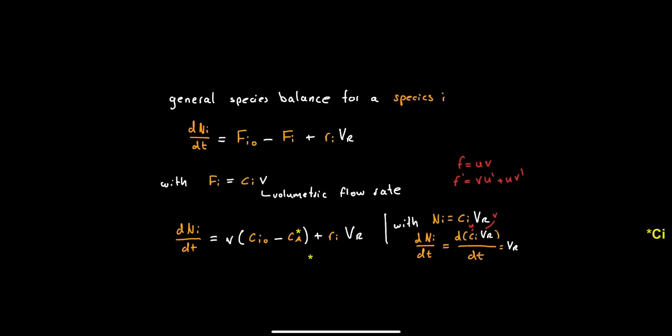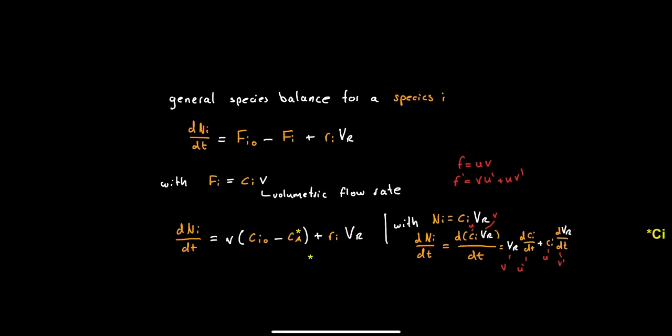So u is Ci, so we derive it, dCi with respect to time, plus u, which is Ci, times v derived, so dVR with respect to time.